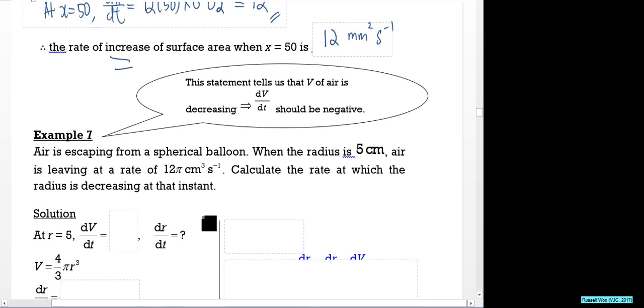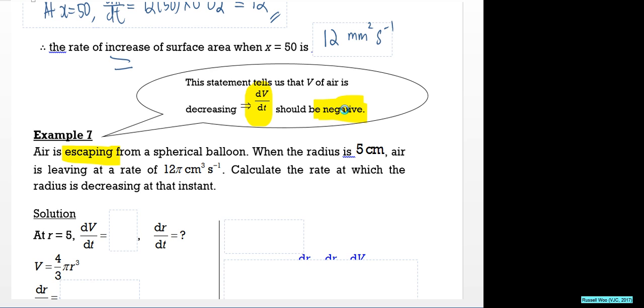Air is escaping from a spherical balloon. Now, escape. That means dV/dt should be negative, okay? Air is escaping. That means the volume of air is decreasing. So dV/dt must be negative. When the radius is 5 cm, air is leaving at the rate of 12 pi cm cubed per second. Calculate the rate at which the radius is decreasing at that instant.